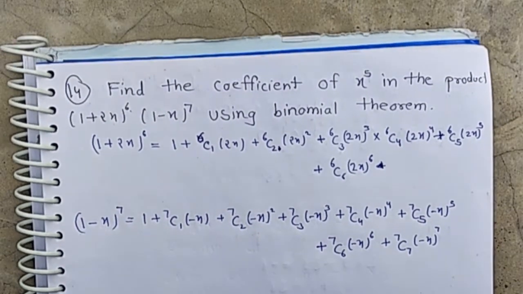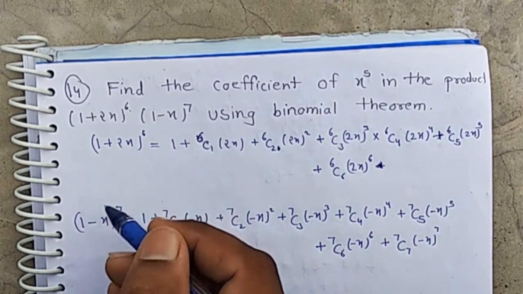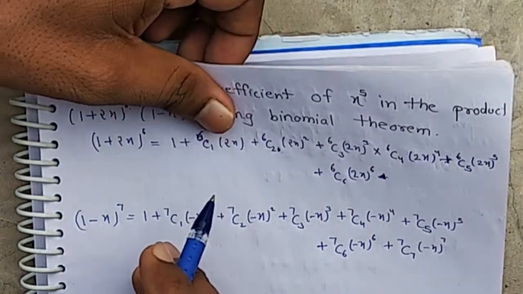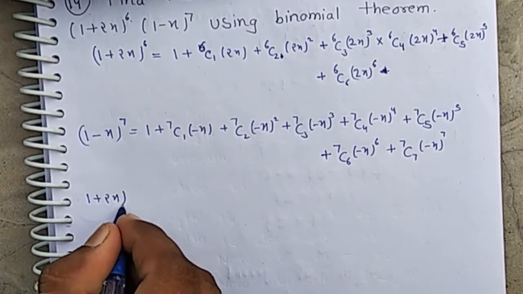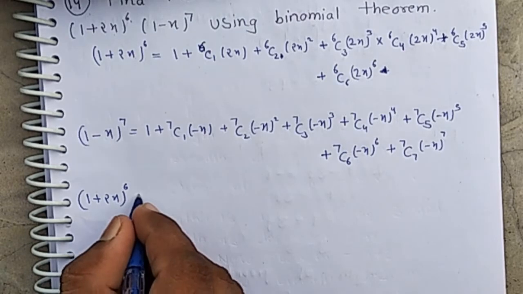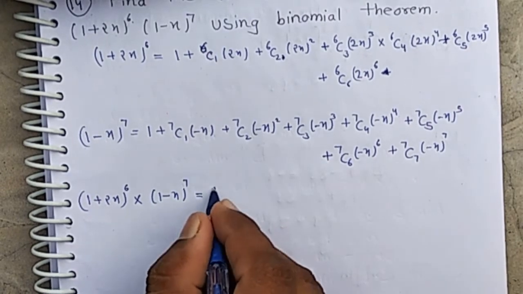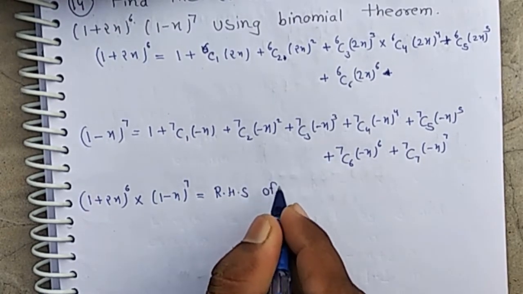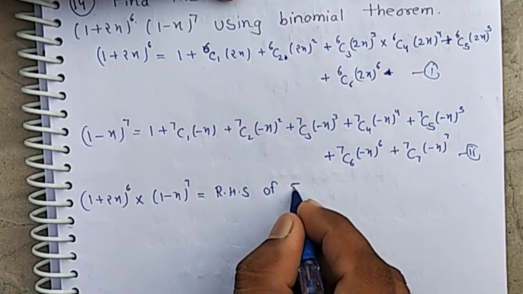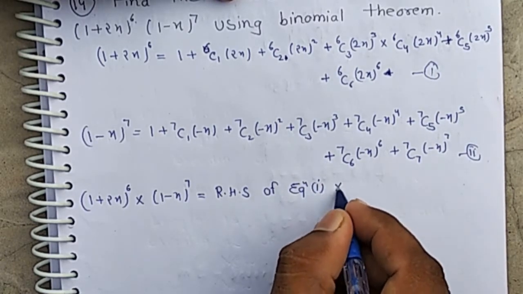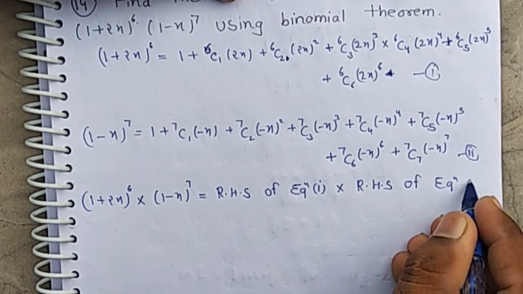Now in order to find the coefficient of x to the power 5 in the product of both these terms, firstly we multiply these two terms, means product of (1 + 2x) to the power 6 into (1 - x) to the power 7, equal to RHS of equation 1 into RHS of equation 2.